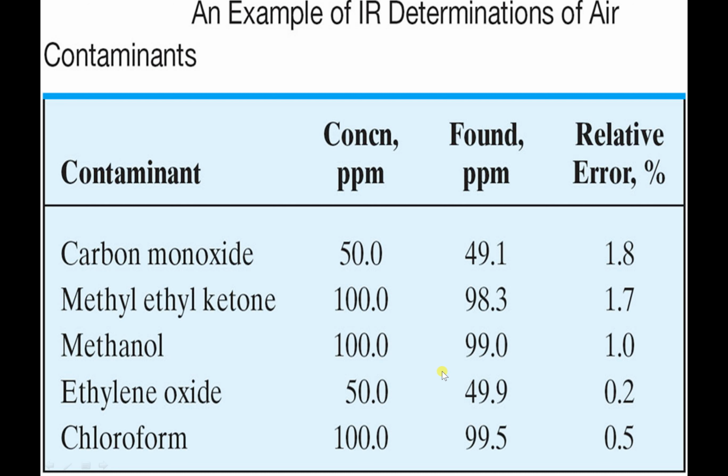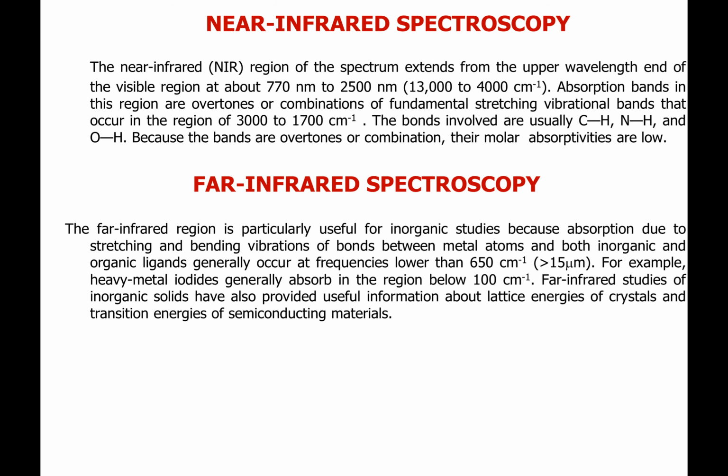The near infrared region of the spectrum extends from the upper wavelength end of the visible region, at 770 nanometers, to 2500 nanometers, that is from 13,000 to 4,000 cm⁻¹. The absorption bands in these regions are generally overtones or combinations of fundamental stretching vibrational bands that occur in the region of 3000 to 1700 cm⁻¹. The bonds usually are CH, NH, and OH. Because the bands are overtones or combinations, their molar absorptivities are low.